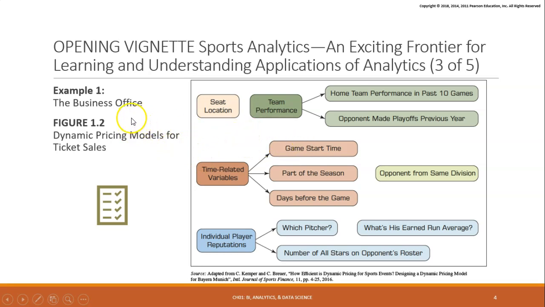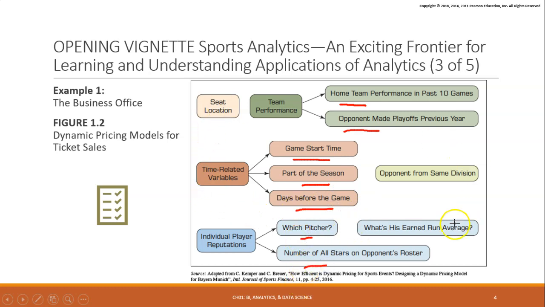And so another example is the individuals inside the business office had looked at all the different types of factors, including home team performance, which opponents they brought in, the start of the game, what time of the season the game was, and so on and so forth.